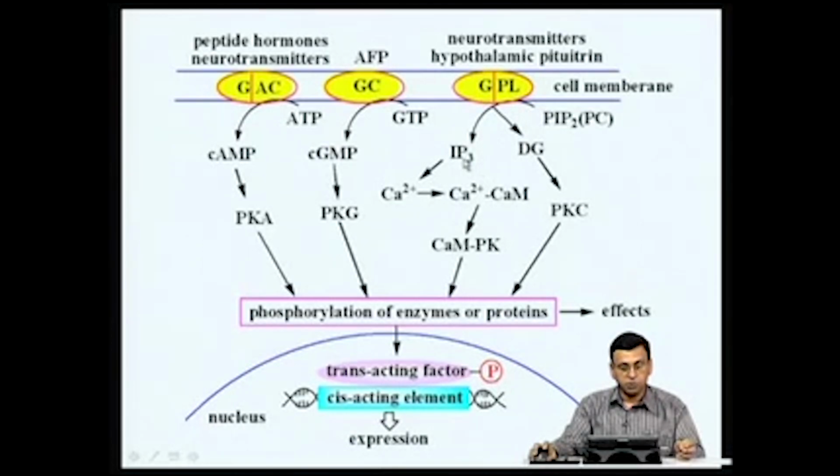Inositol trisphosphate goes and releases calcium from the endoplasmic reticulum, and calcium thus released activates calcium calmodulin kinase, and this then activates the calmodulin protein kinases, which go and phosphorylate a number of enzymes or proteins either outside the nucleus or transcription factors inside the nucleus, leading to activation of specific physiological processes.